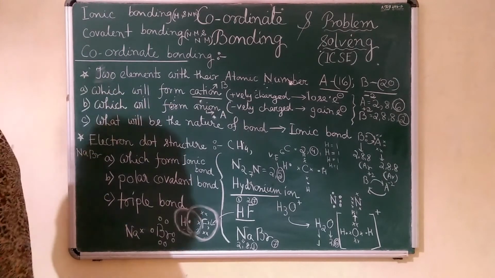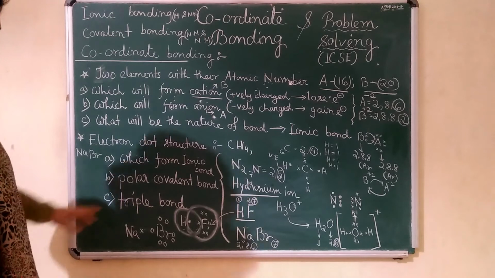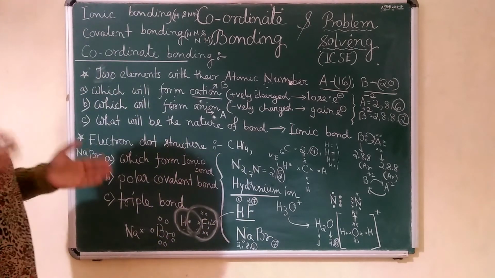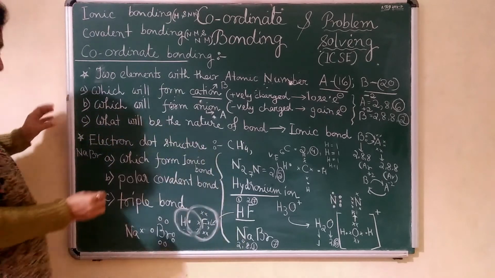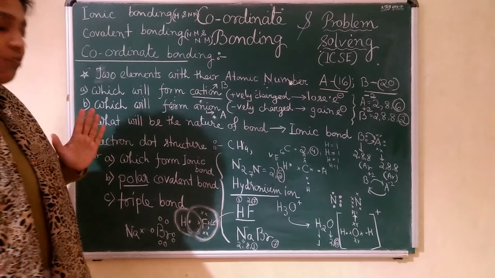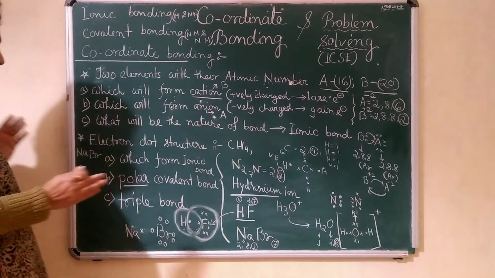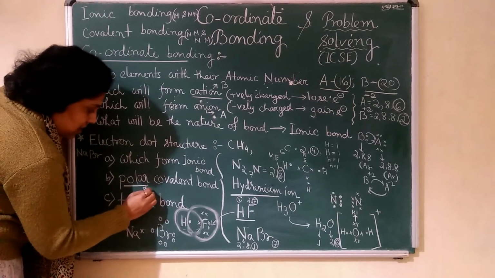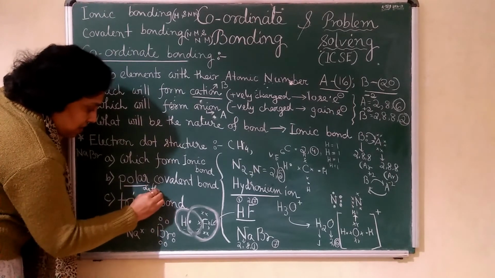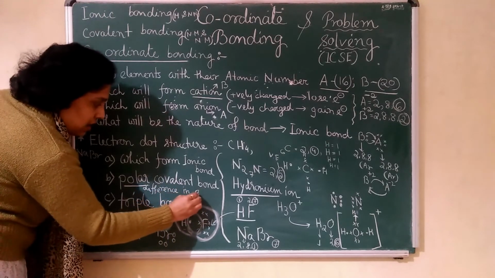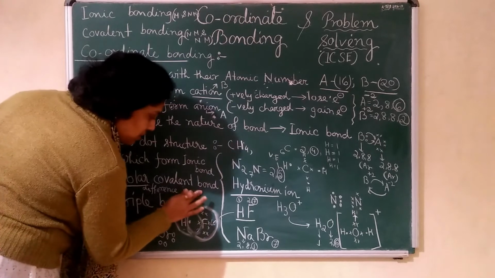NaBr is an ionic compound. Polar covalent bond. Polar means when it is a covalent bond, it will be covalent bond, but there will be a difference in electronegativity. Polar, I will write here, difference in electronegativity.